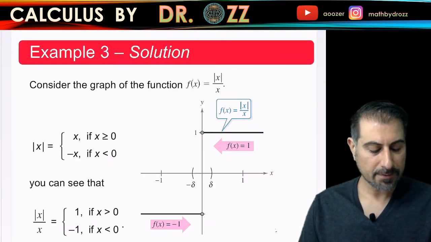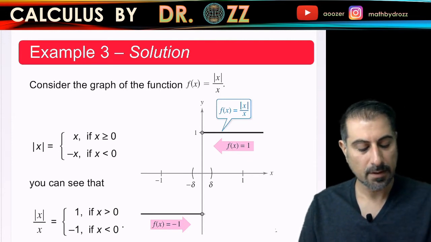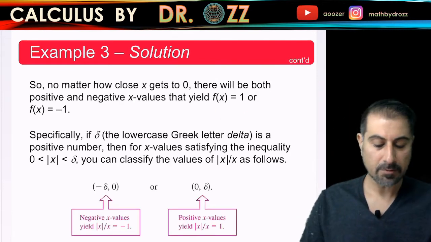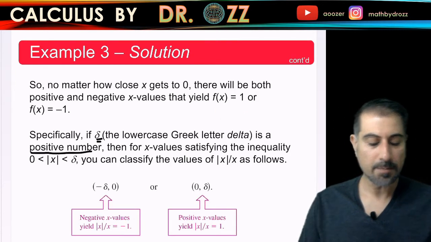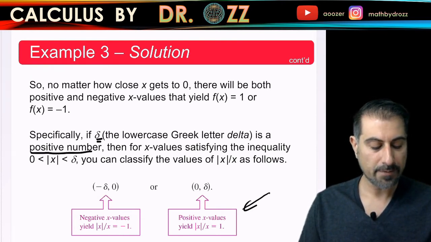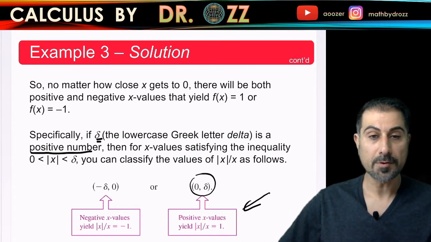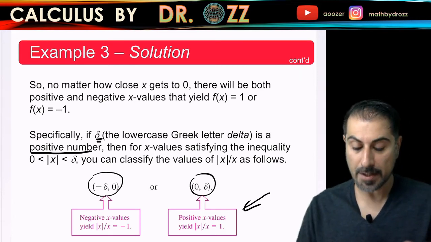Here, if I choose a neighborhood of 0, like minus delta, the Greek letter delta, and plus delta, here is our observation. If delta is a positive number, then on one interval the function values approach 1, and on the other interval the function values approach -1.